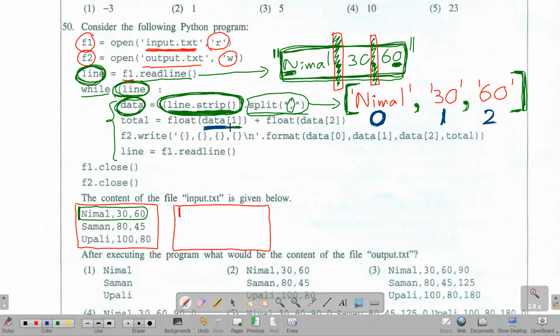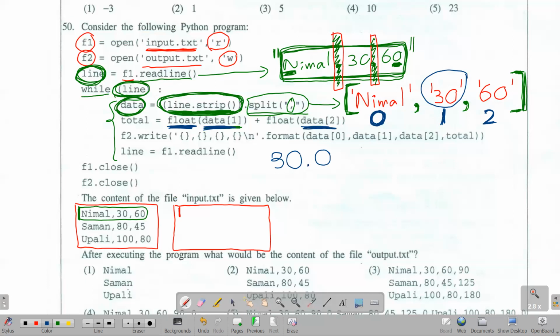Taking data 1 means considering this, it is a string, and you are asked to convert it into a float. So it will become 30.0. Same goes here.